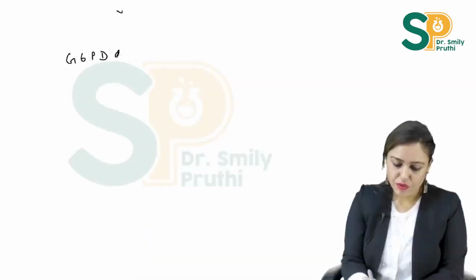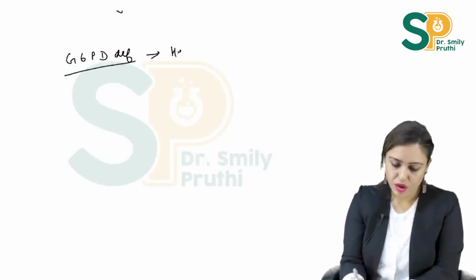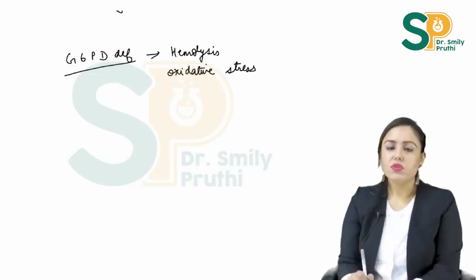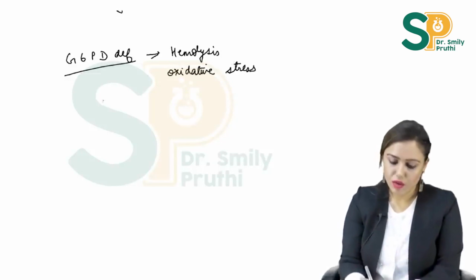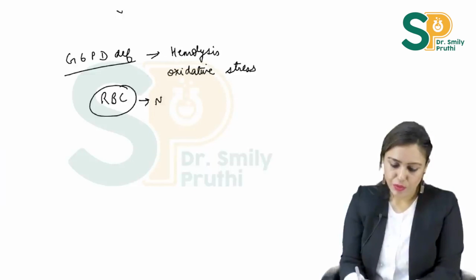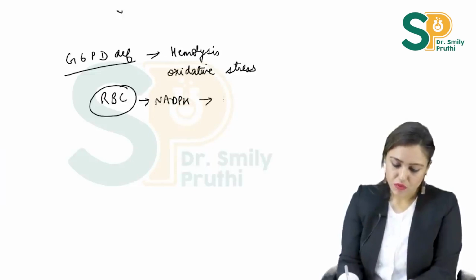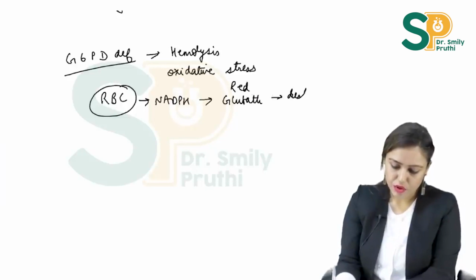Now let's see how hemolysis occurs in deficiency of pyruvate kinase also, and why hemolysis occurs in G6PD deficiency. In G6PD deficiency, hemolysis occurs due to oxidative stress, because the normal role of G6PD in RBCs is to make NADPH, which will make reduced glutathione, which will destroy H2O2.